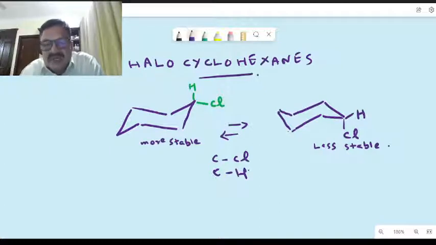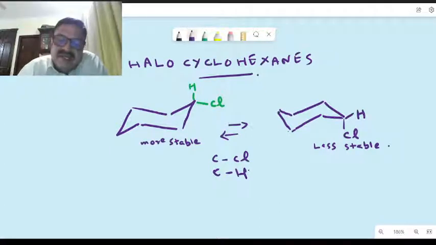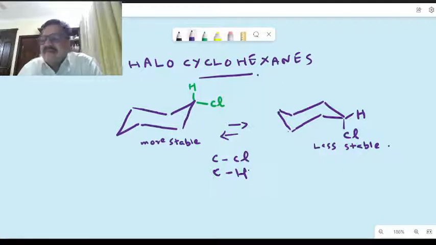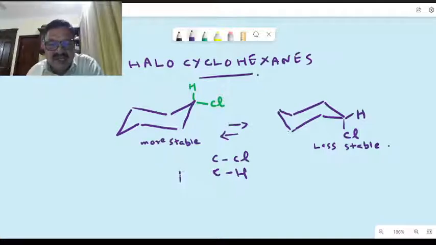For E2 elimination, the C-Cl bond must be anti-periplanar to the C-H bond on the beta carbon atom. This is the beta C-H bond here, and the C-Cl bond will be on the alpha carbon here.